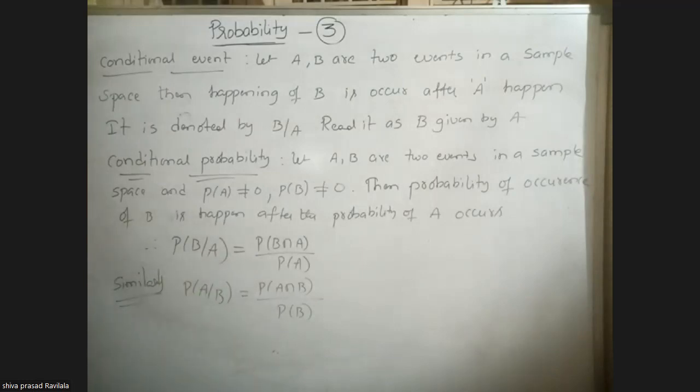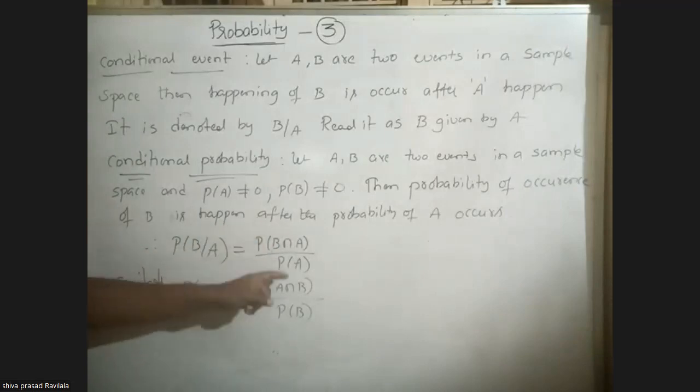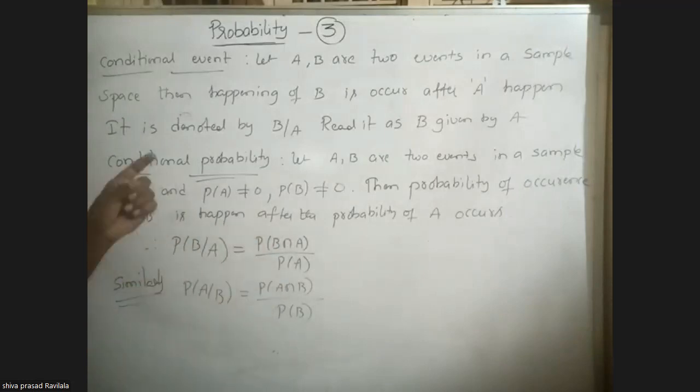Observe this condition. Always the first event goes in the denominator. They clearly mention which will happen before and which later; the condition is clearly mentioned.